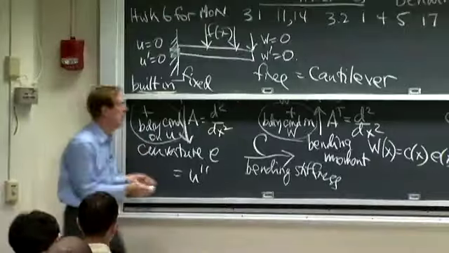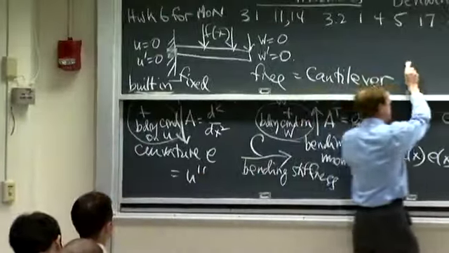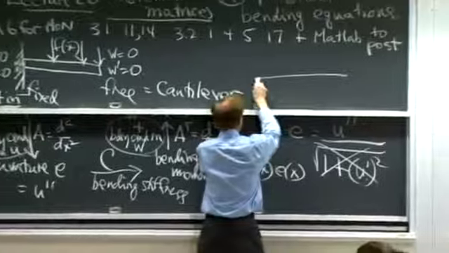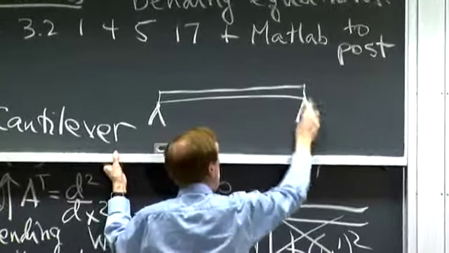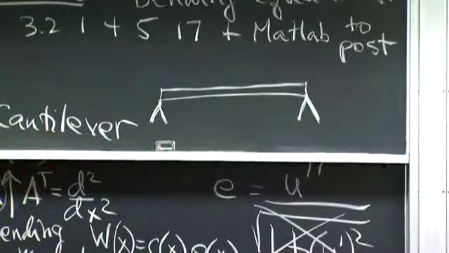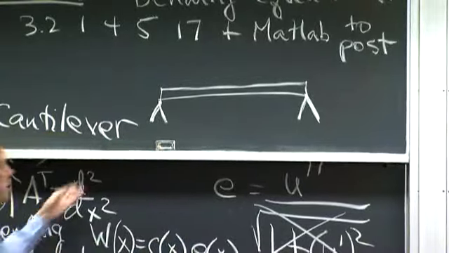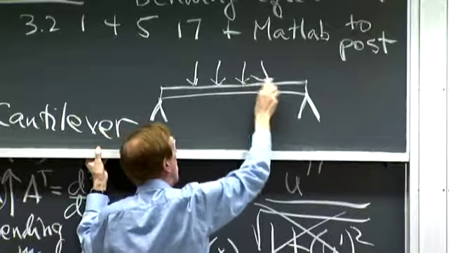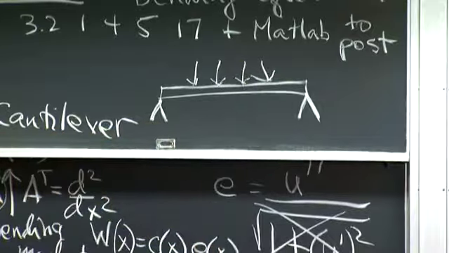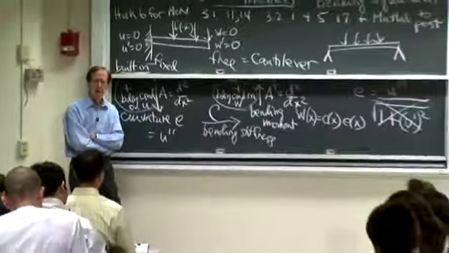Then why don't I draw in, just while we're talking about boundary conditions, an alternative. So here's my beam. And it's under a load, f of x, transverse load. Now that would be different boundary conditions. Anybody know the name of a beam that's set up like that?